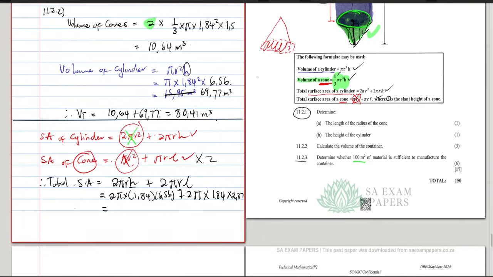That equals 2 pi multiplied by 1,84 times 6.56 plus 2 pi multiplied by 1,84 times 2,37, and then I get an answer of 103.24. So the conclusion is no, not sufficient. Yeah, what a question.